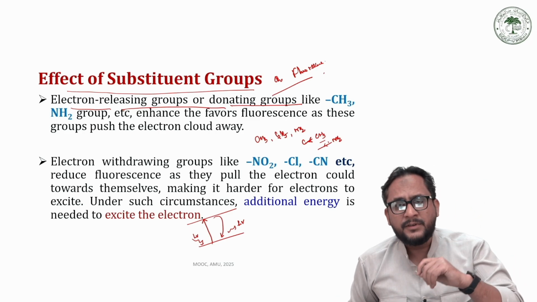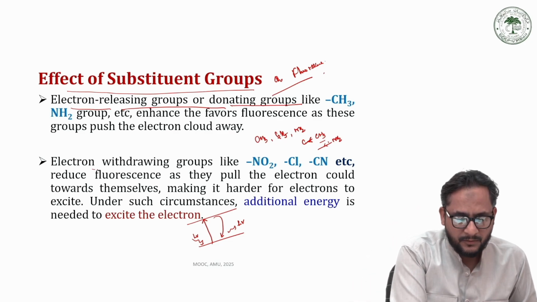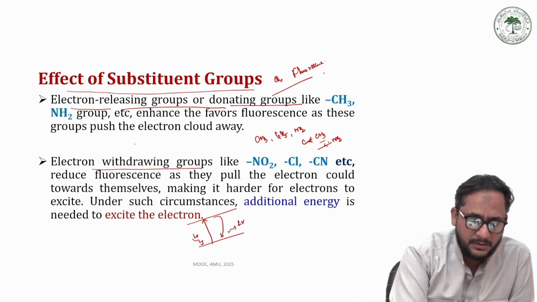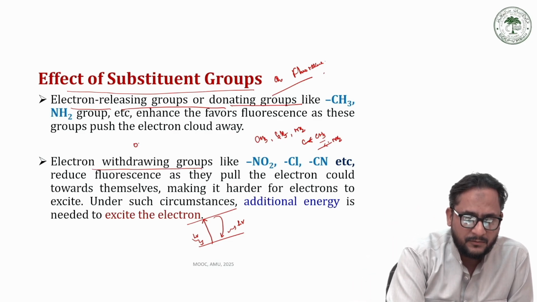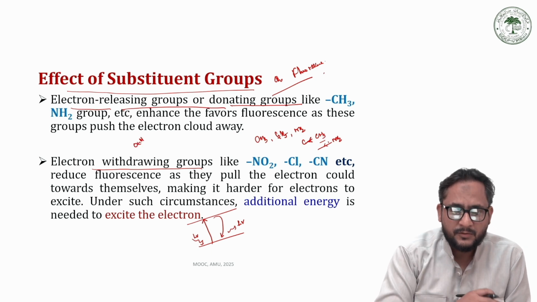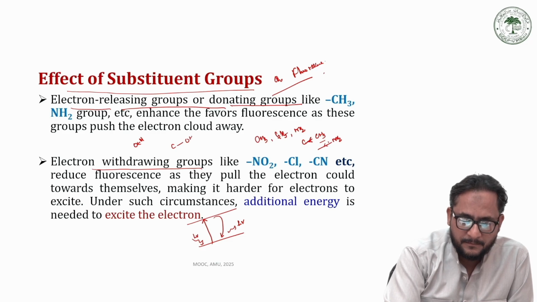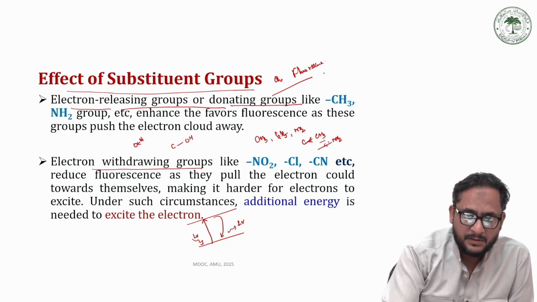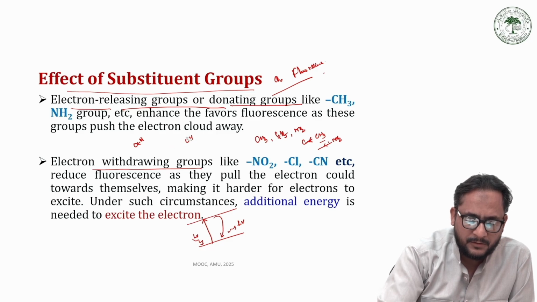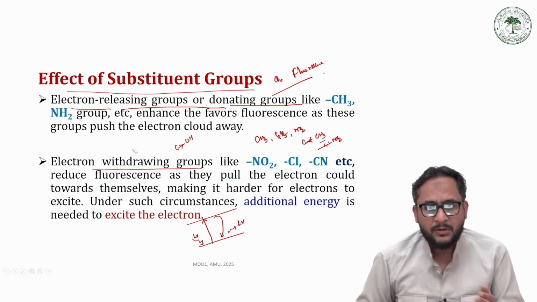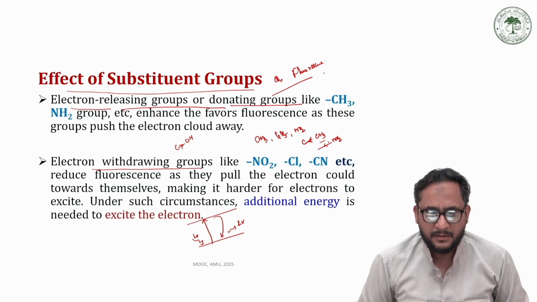On the other hand, we have certain groups that are called electron withdrawing groups, like oxygen. If oxygen is connected to carbon, it will pull the electron pair towards itself.